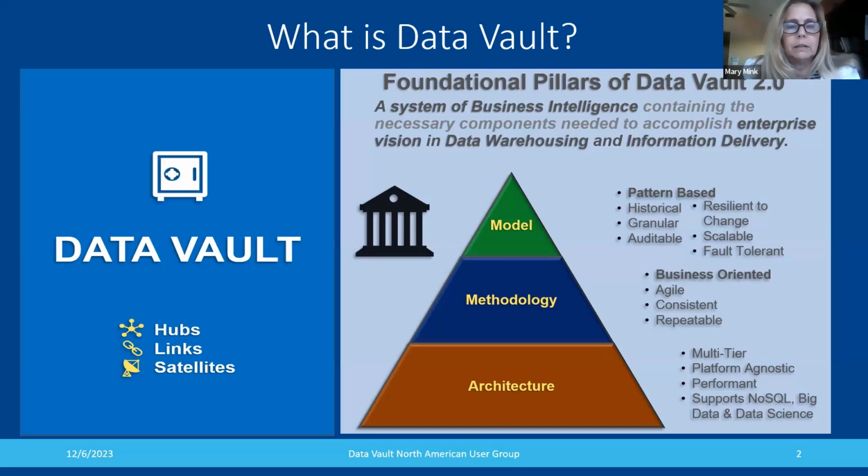So those are the key things about Data Vault. I just want to make sure that everybody is aware of what it is. And over here, you'll see the objects. The core objects are what's called hubs, links, and satellites. But anyway, back into our presentation. Hopefully, that's a good explanation of what Data Vault is.